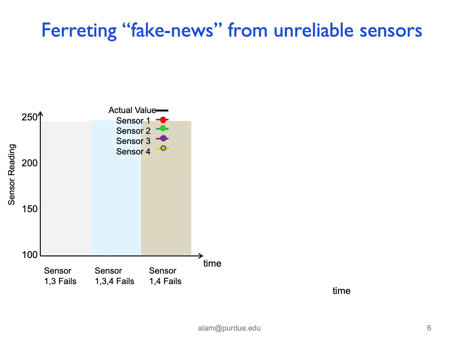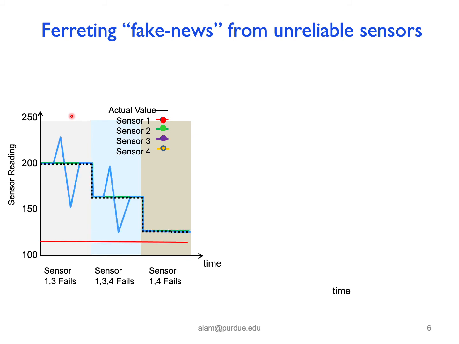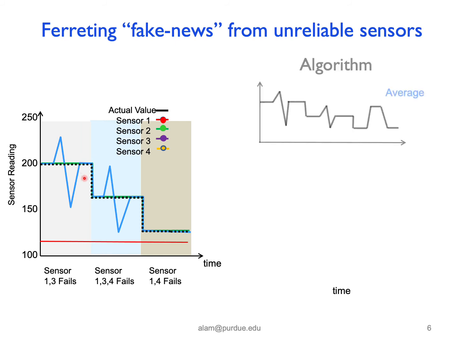The second approach is this strategy of eliminating fake news, or the fake news detection algorithms used by Facebook and Twitter. The idea here is, assume that there is some reference concentration, the ground truth, but of the four sensors being used, some of them are bad to begin with, while others become reliable and unreliable as time passes.